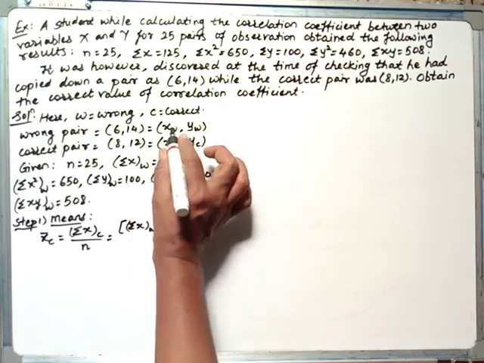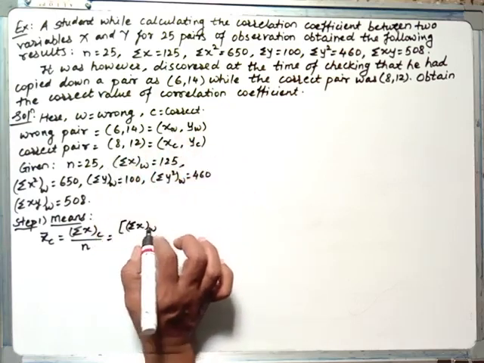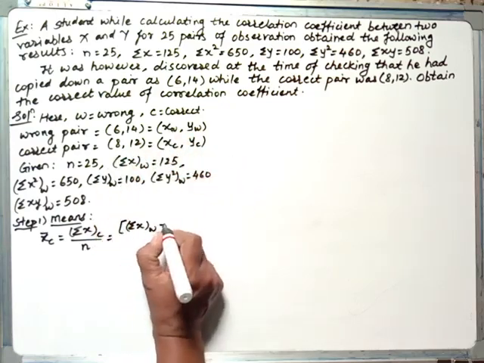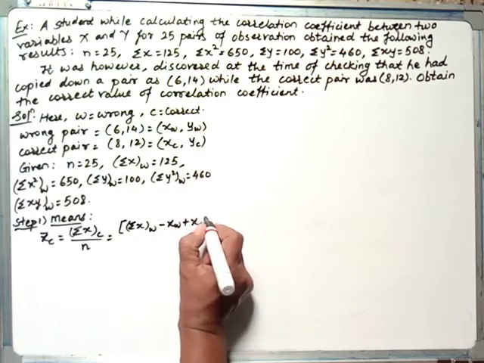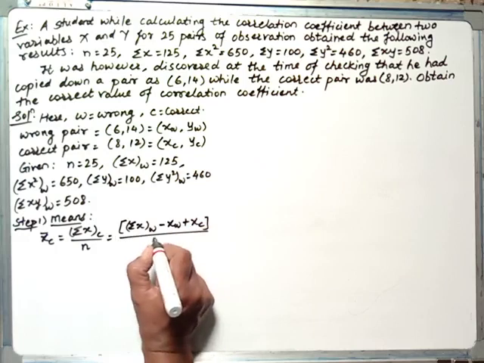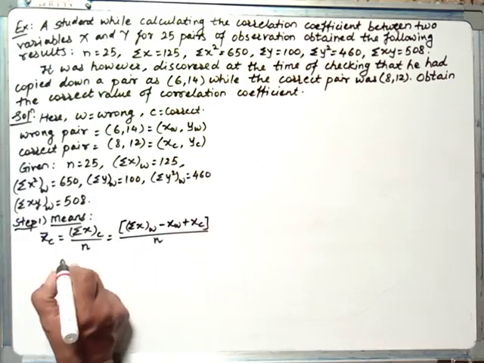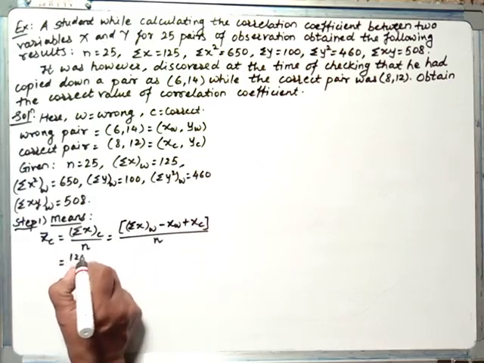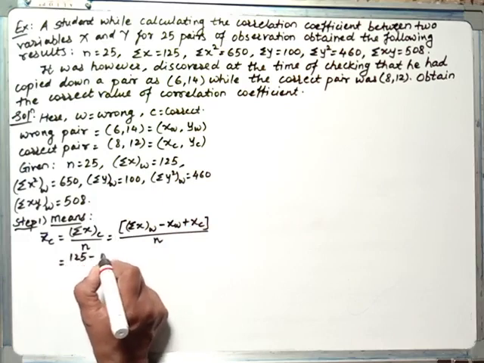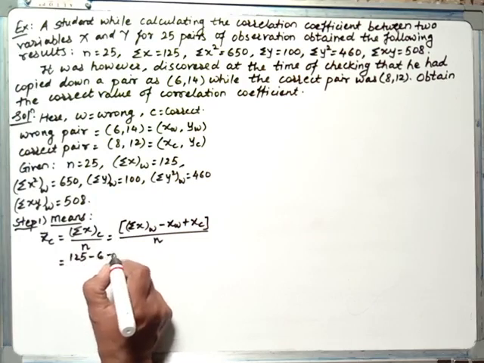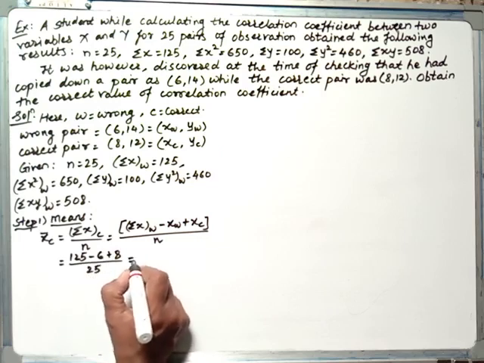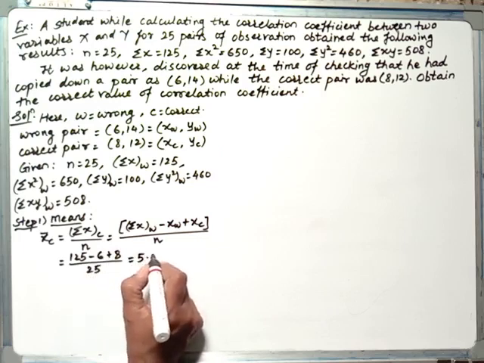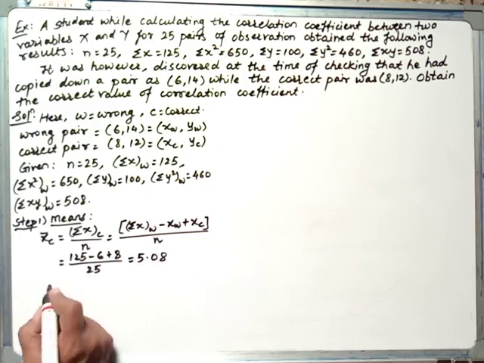I will subtract this wrong xw from it and add this correct x in that, upon this n as it is. This will be 125 minus 6 plus 8 upon 25, and that calculation is 5.08.